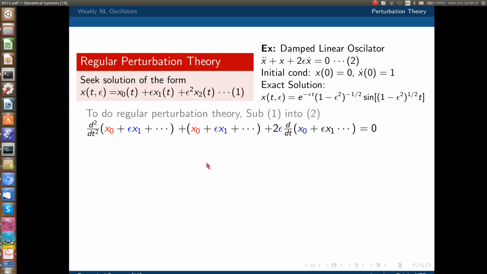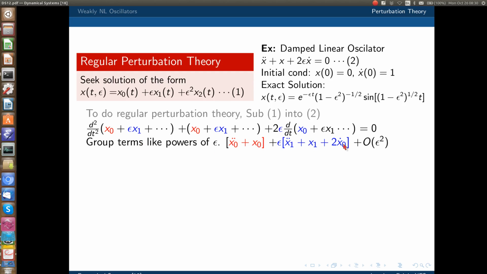Okay, so you take that equation, you plug in your assumption, you write it out in painful detail, and then you start collecting all the terms of like order. Group terms together of like powers of epsilon, and what you get is x0 dot dot plus x0, plus epsilon times x1 dot dot plus x1 plus 2 x0 dot, equals 0.